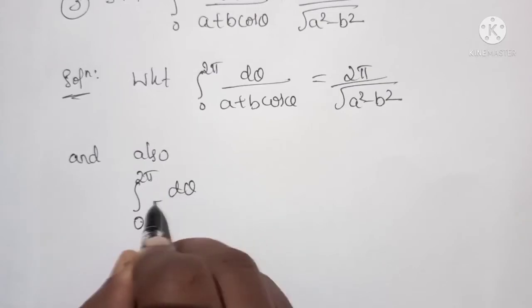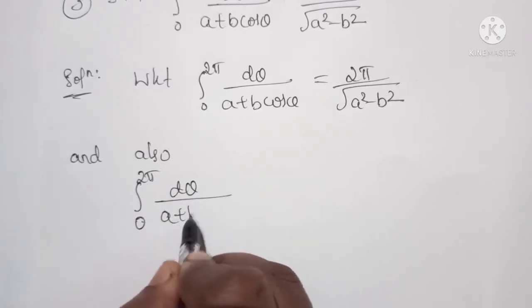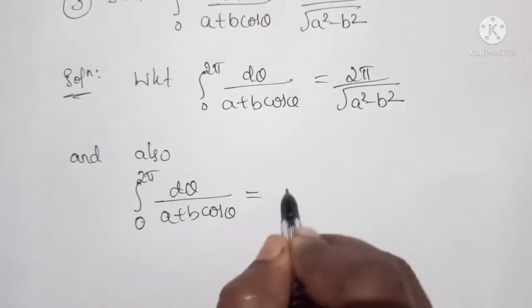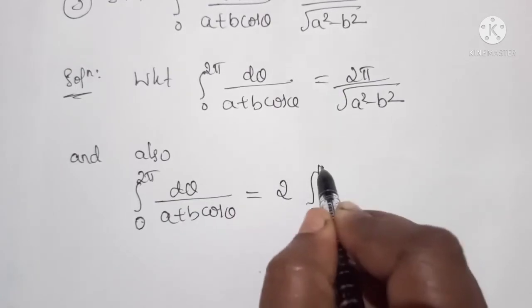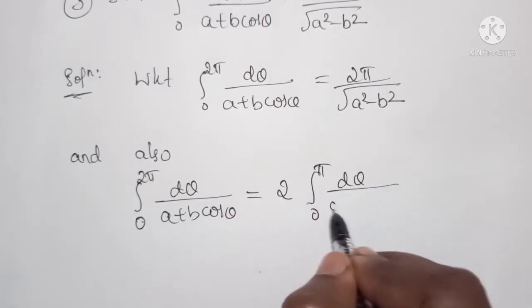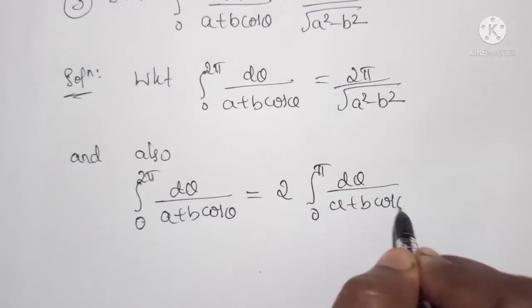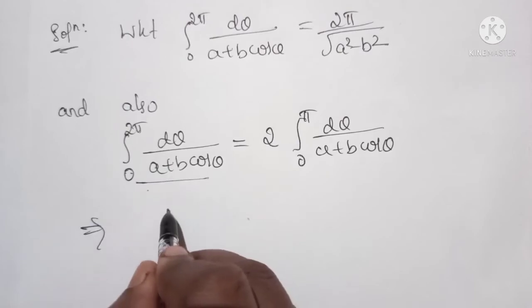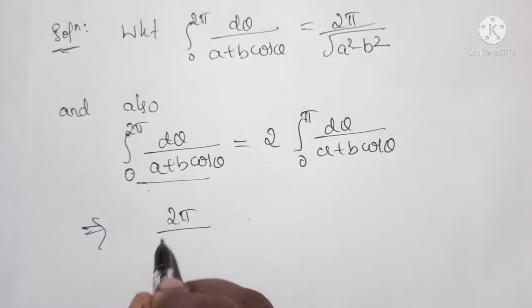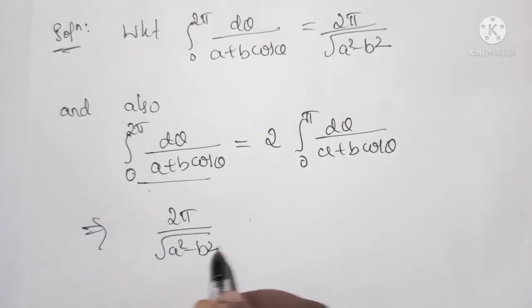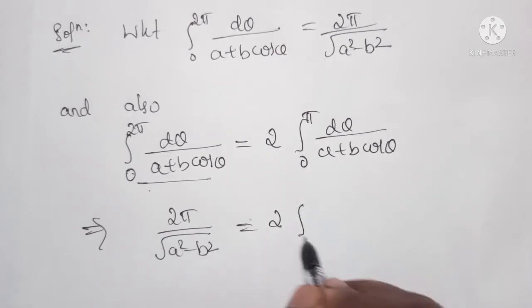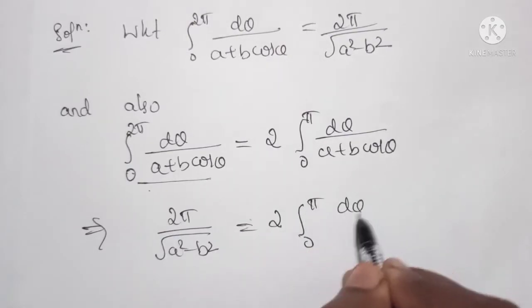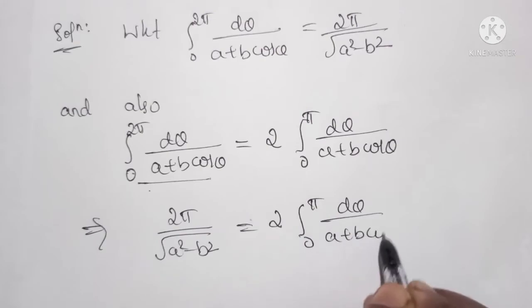d theta divided by a plus b cos theta can be written as 2 into the integral from 0 to pi of d theta divided by a plus b cos theta. So its value is 2 pi by square root of a square minus b square, equal to 2 times the integral from 0 to pi of d theta by a plus b cos theta.